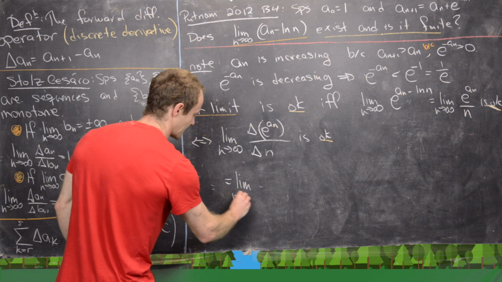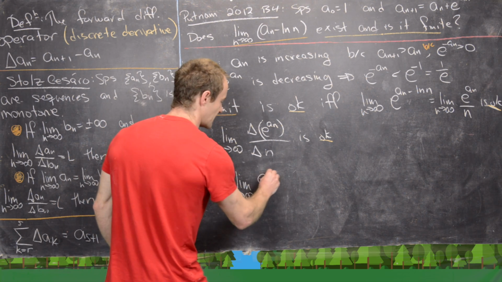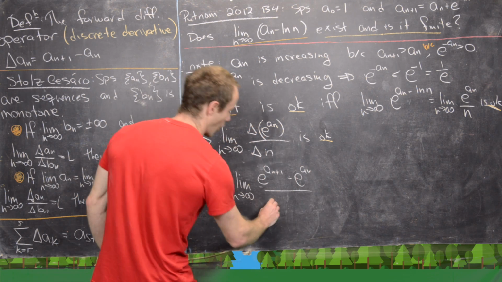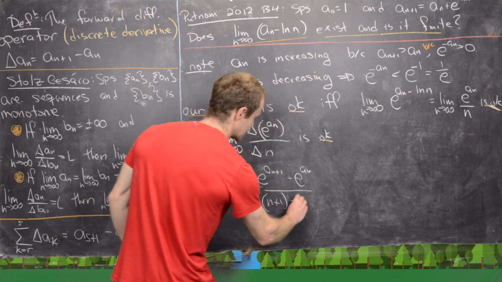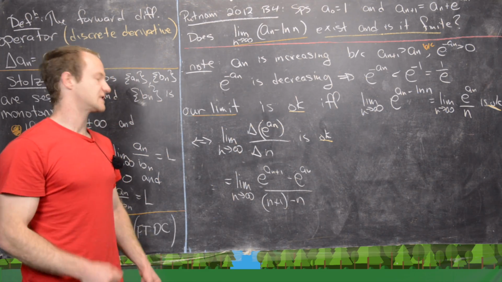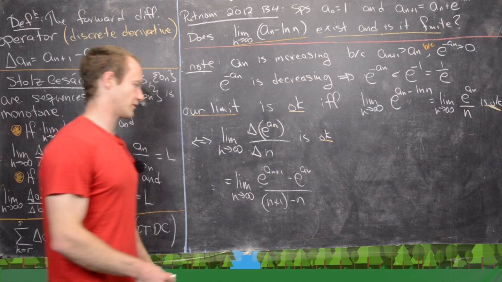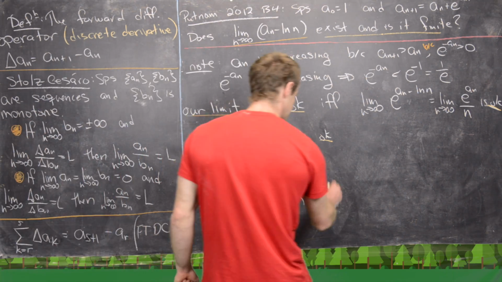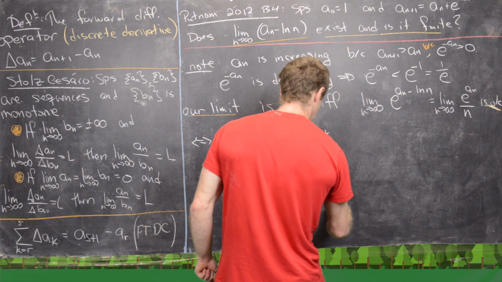So that's going to give us the limit as n goes to infinity. We have e to the a_{n+1} minus e to the a_n over n plus 1 minus n. Great. So again, that's applying the discrete derivative or the forward difference operator. But the next thing that we can notice is that this is going to be the limit as n goes to infinity.